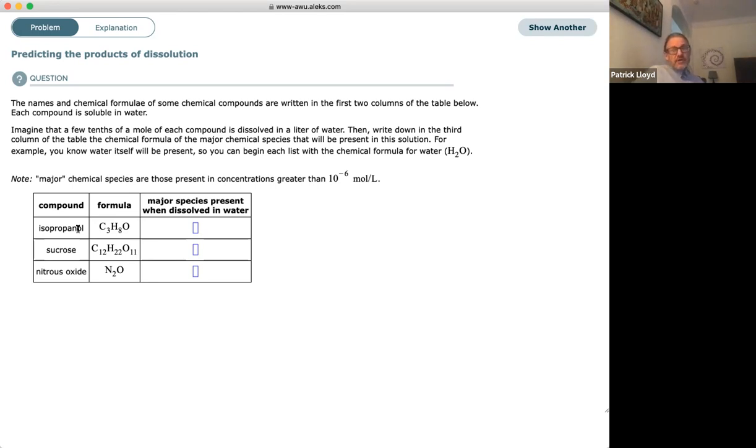It does dissolve, right? Because it is an alcohol, but you don't get any ions. So for this first one, all you would need to do is draw this formula again, because it's not going to break up into ions. So you just draw the formula, C3H8O, and then put a comma, and then you want to put water in there, because if it's in water, water is in the water. So C3H8O and then comma H2O.